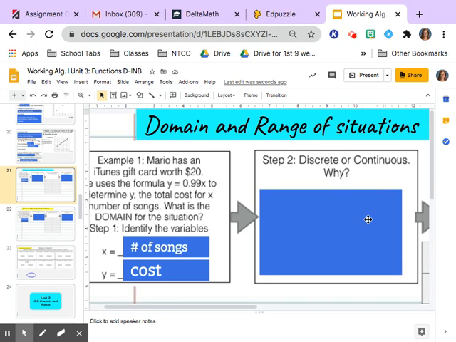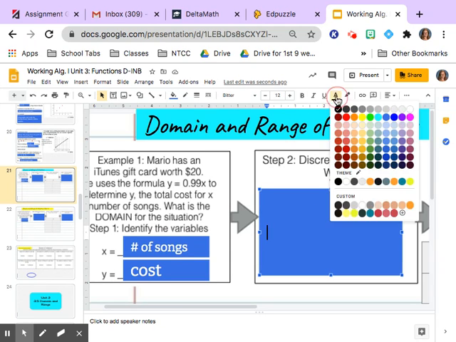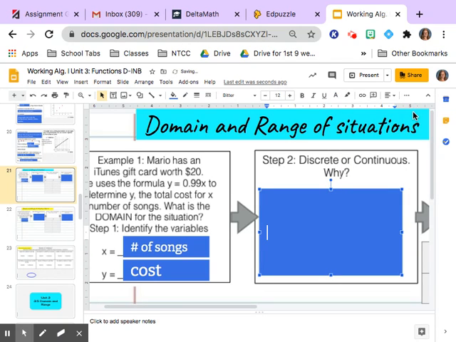So we're counting how many songs. Can you buy half a song? No, normally they give you like a sample for free, but you can't buy half a song. So discrete: songs are sold as whole units, or songs are indivisible. I like songs are sold as whole units.